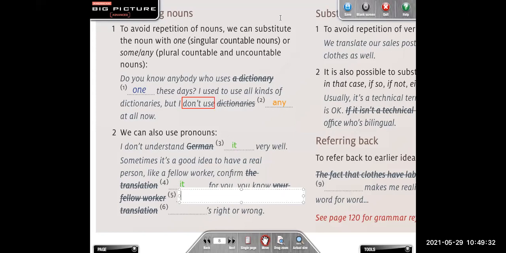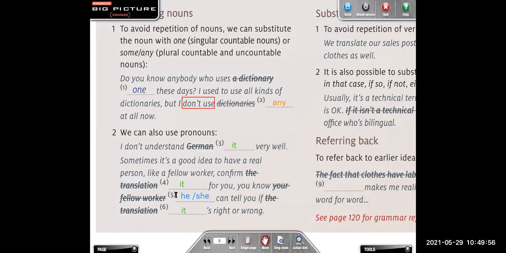So let's see here. He or she can tell you if the translation's right or wrong. How can we replace the translation? It. It is right or wrong. Okay, very good.